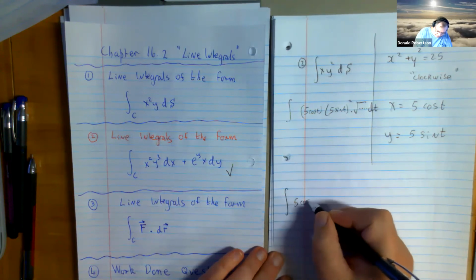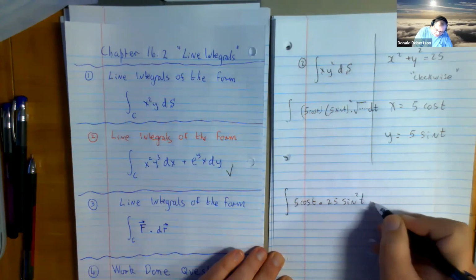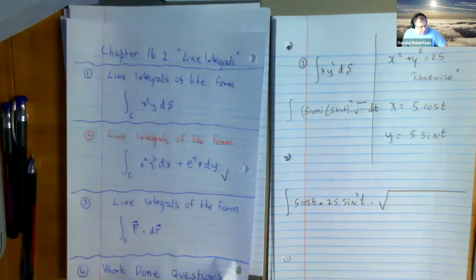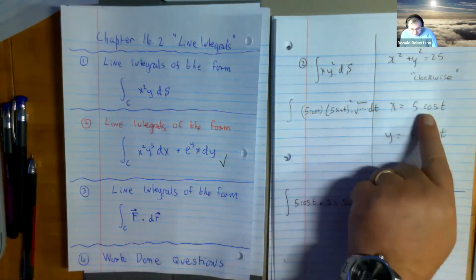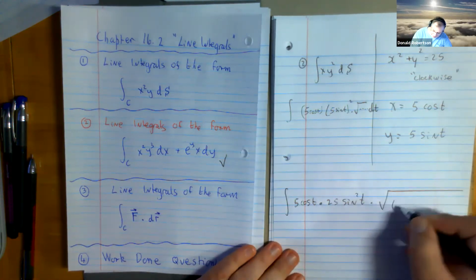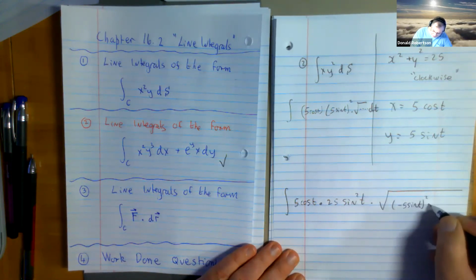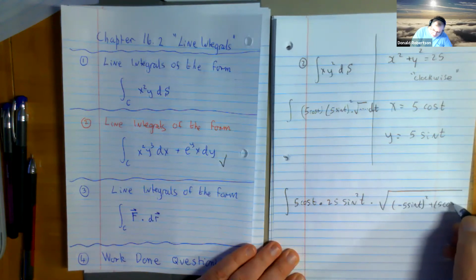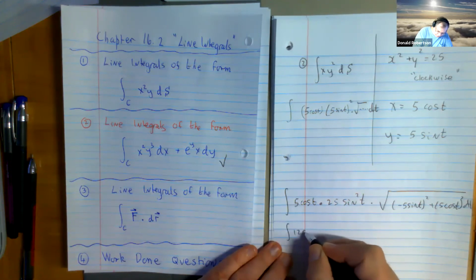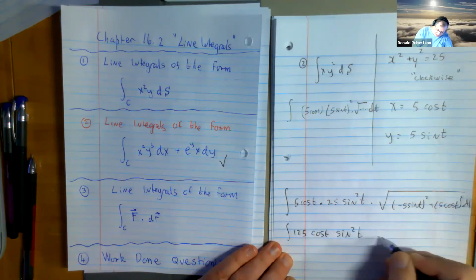So it's going to be 5 cosine t times 25 sine squared t times, no, I didn't have my formula handy, but won't it be the derivative of this guy squared plus the derivative of that guy squared? So what does that get me? Well, differentiate this and you get negative 5 sine t squared added to 5 cosine t squared dt. So this is 125 cosine t sine squared t.